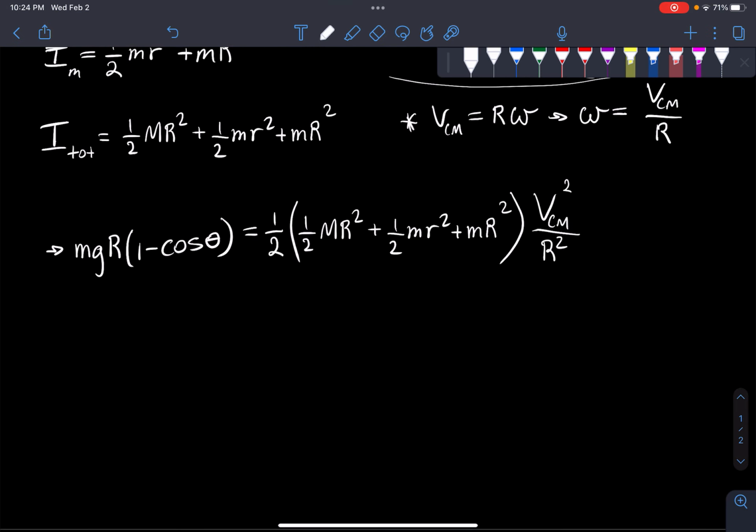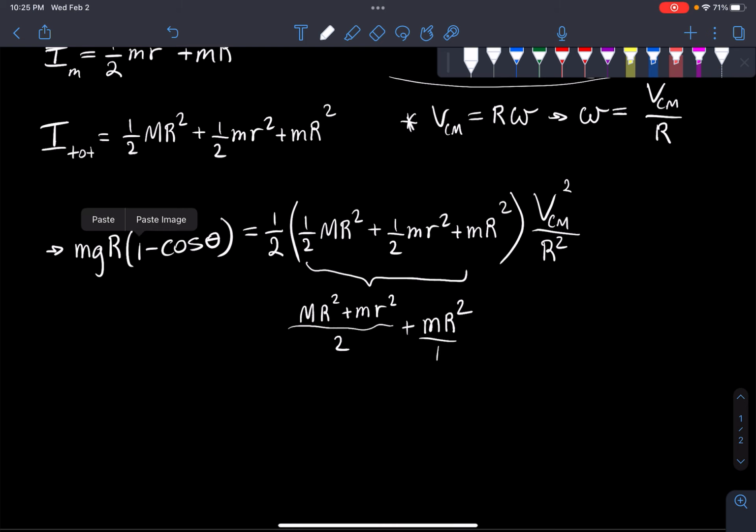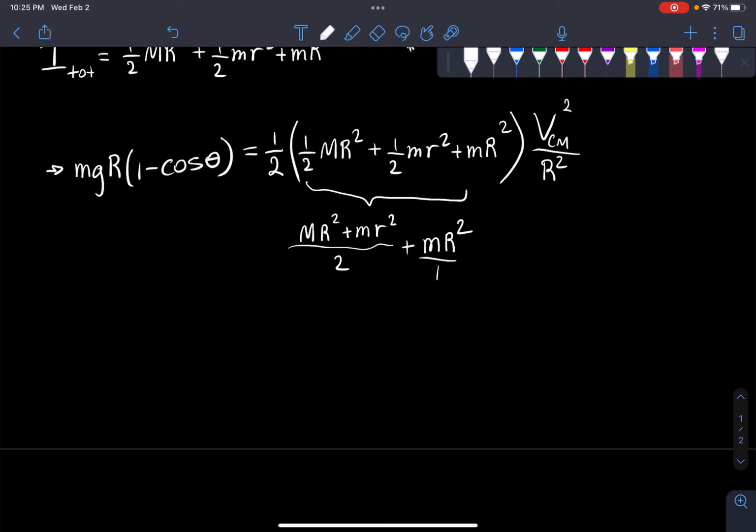So one thing that I'm going to do is take this and just make it into one fraction, because it'll be easier to deal with. So the first two terms are already over 2, so we can say this is capital M R squared plus little m little r squared over 2, plus m r squared. Okay, and then one more step, this is over 1, so to get a common denominator, we just cross multiply to get the numerators.